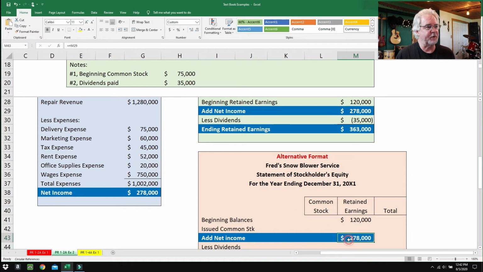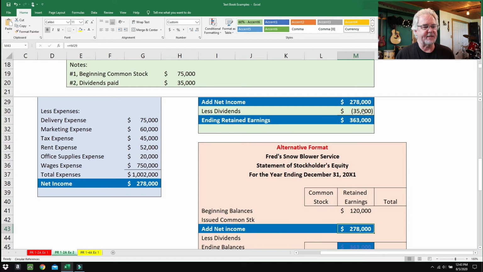And I've got it in this real nice blue color because, again, it flows like a river from the income statement. It's just that we went up this way at first doing this format, and now we're doing it in this other format just to cover all the bases. And then finally, subtract out the dividends, $35,000. There are the dividends, and you get the ending balance.